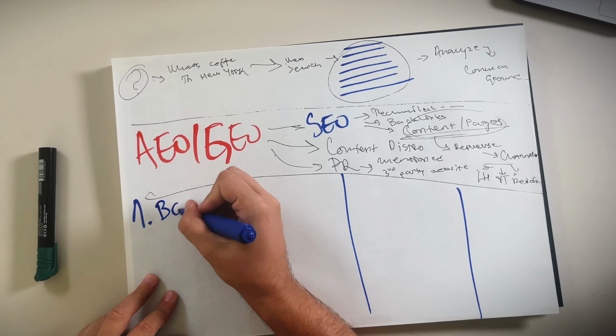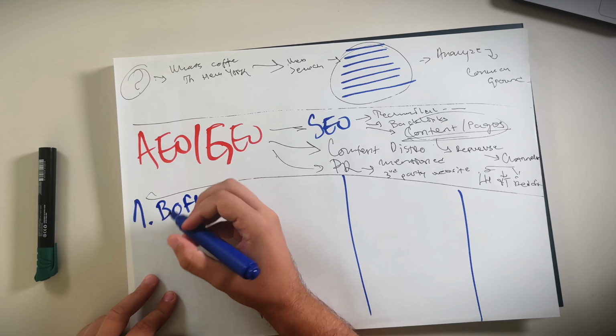Well, as I promised, there is a 4-step framework that you are going to use. The first thing that you want to do is basically identify bottom of the funnel terms that your customers are searching before they're ready to buy.